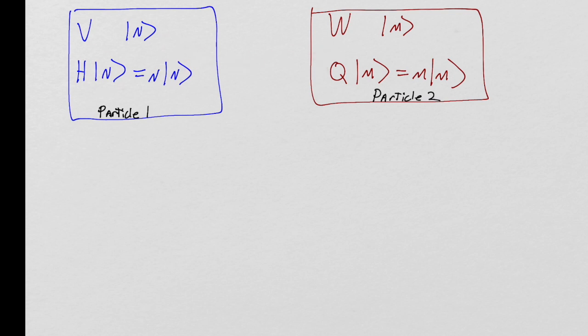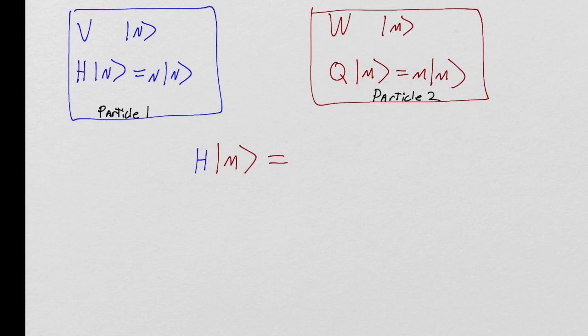So these are two particles that are described quantum mechanically, and what's important to understand, of course, is that H on M makes no sense. Now I'm using colors, I've got to stick with it. H acting on M, this Hamiltonian acting on this particle, makes no sense.